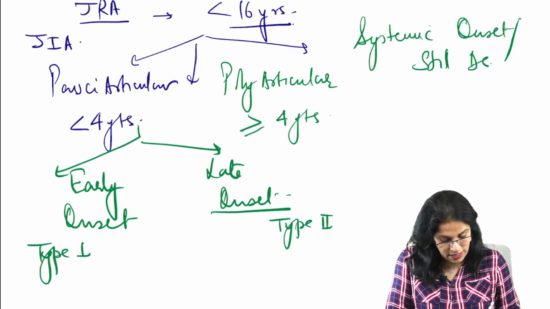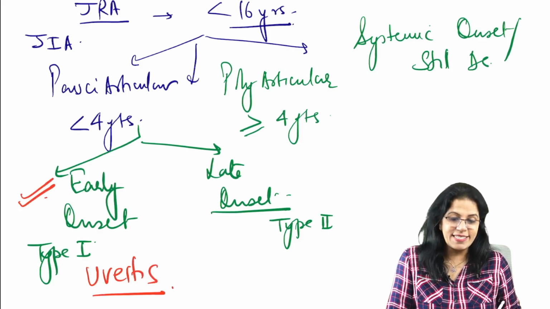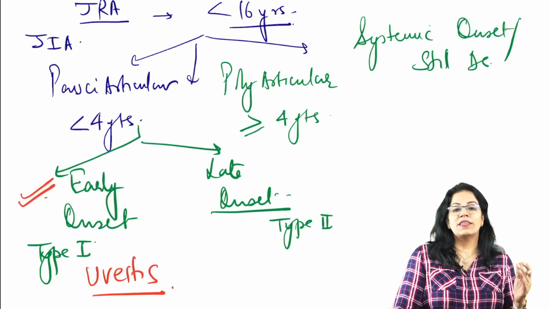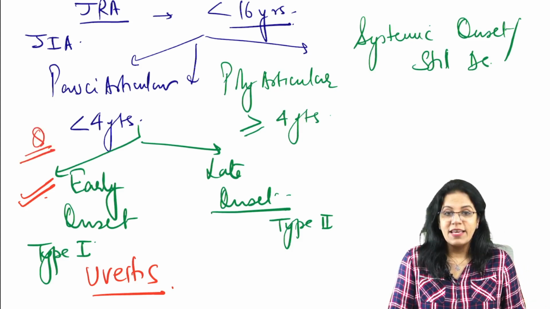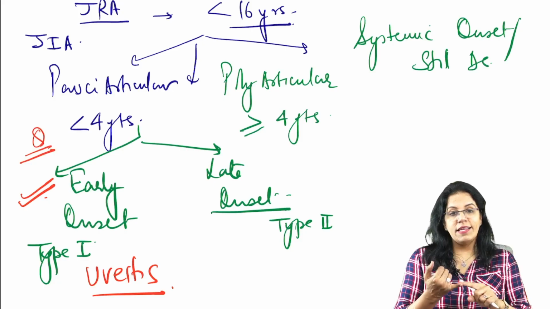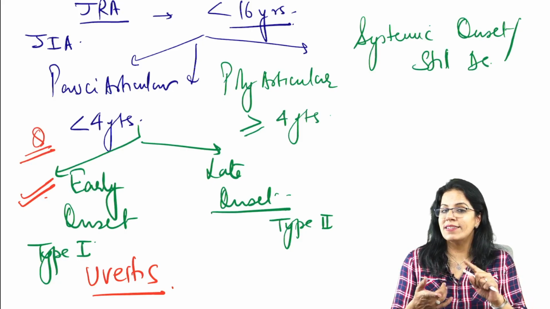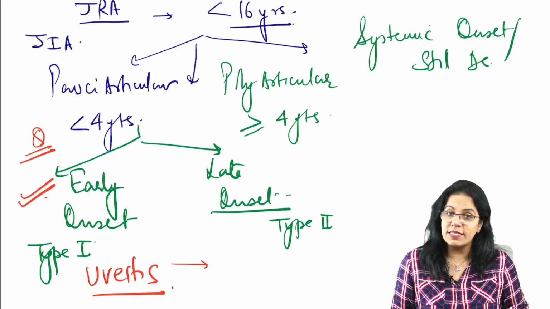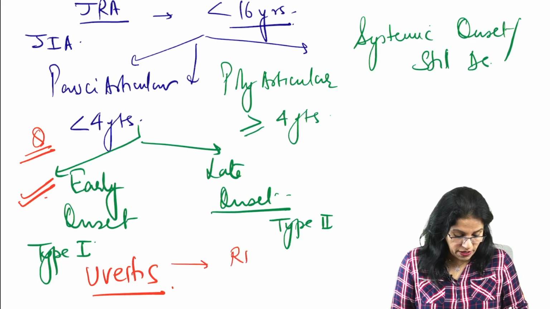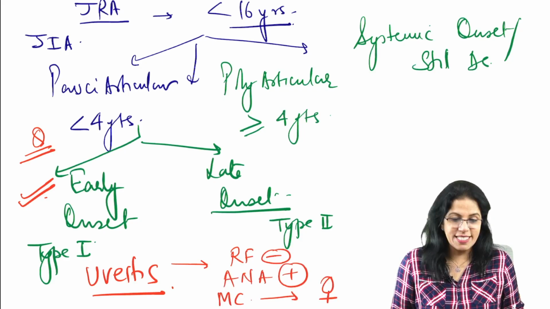The early onset, type 1, is associated with uveitis. What type of uveitis? I've told you it's a non-granulomatous anterior uveitis. This is important in the exam. So which type of JRA? It is early onset pauciarticular seronegative JRA. All these patients in type 1, just remember seronegative, rheumatoid factor is absent, but they can be ANA positive, and generally this problem is more common in females.